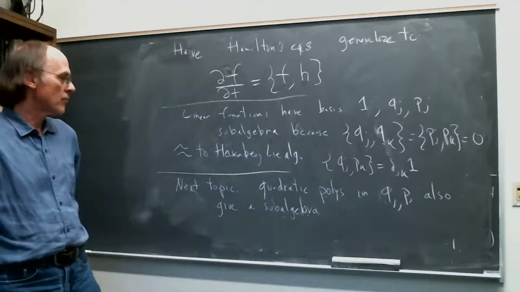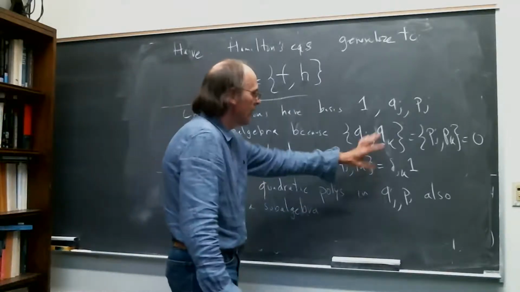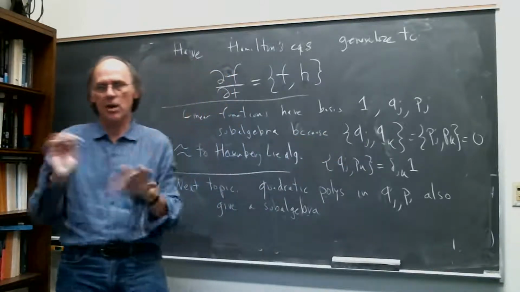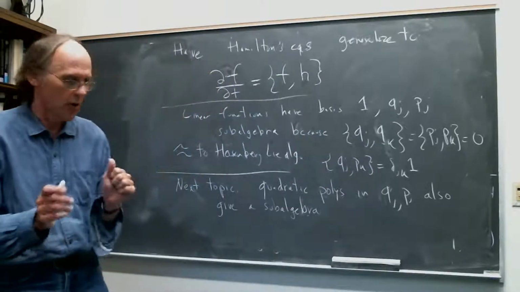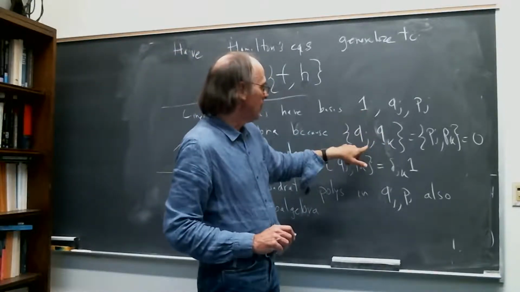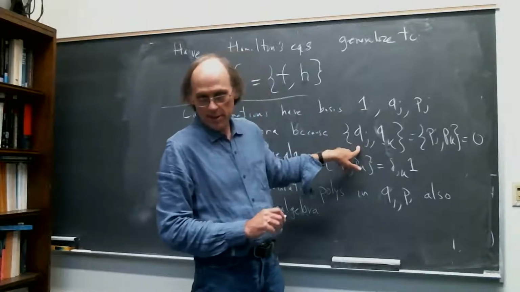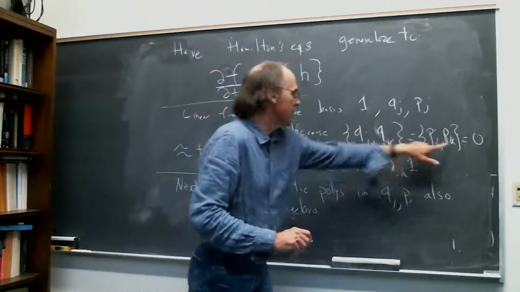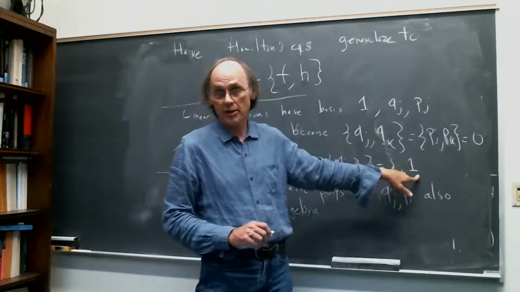If you start playing around with what this Poisson bracket does on polynomials, what you find is that if you Poisson bracket together two order 1 things, you get 0 or something of order 0.